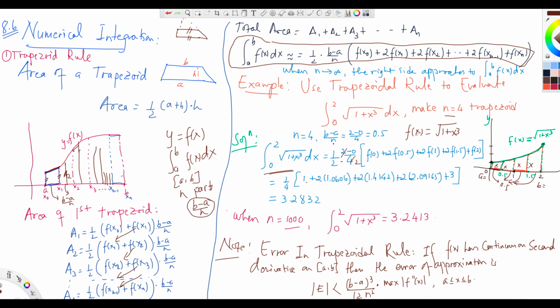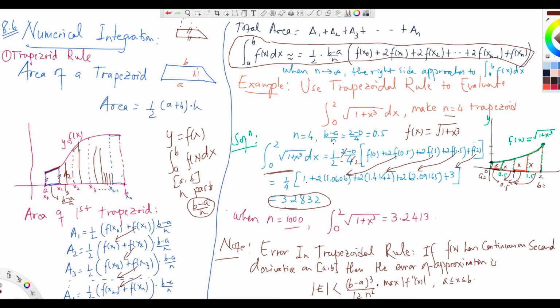You replace x by 0.5, and then you will get 1.0606. Similarly, 2 times f at 1, replace x by 1, you will get that, and 2 times that. And f of 2 is 3, because if you replace x by 2, you get 1 plus 2 cubed, which is 8. 1 plus 8 is root 9, that is 3 here, right?